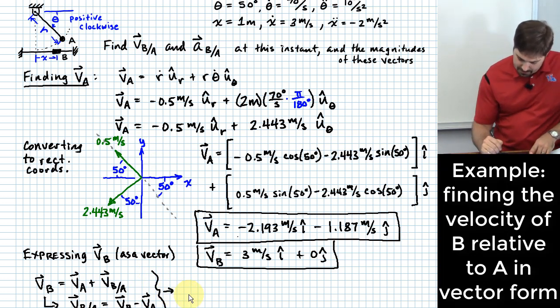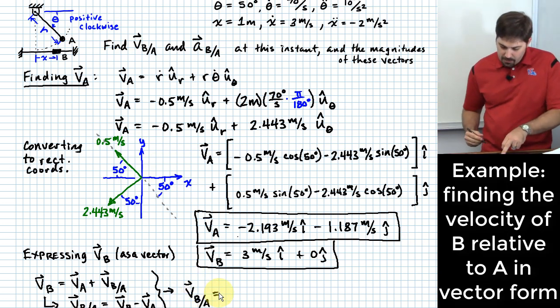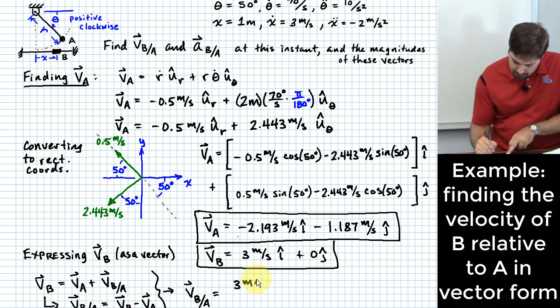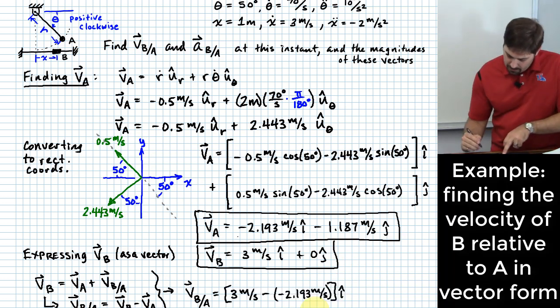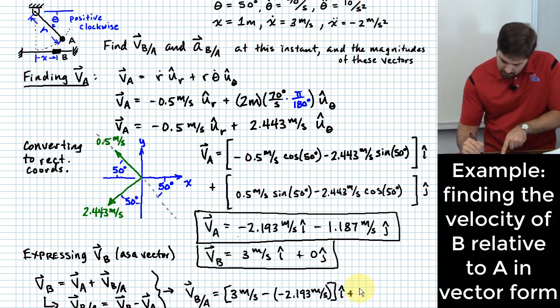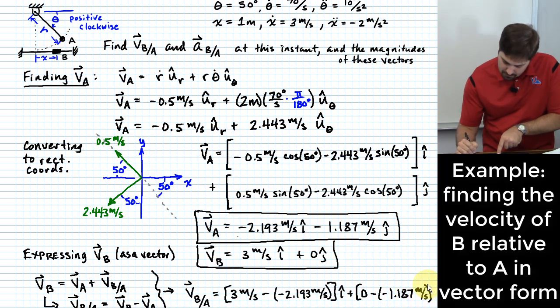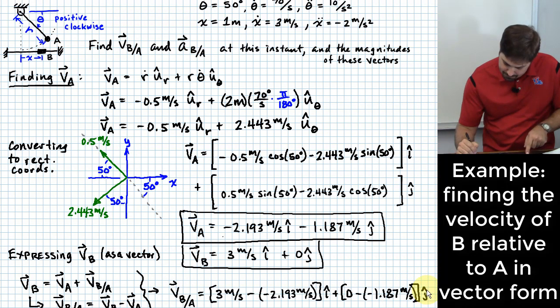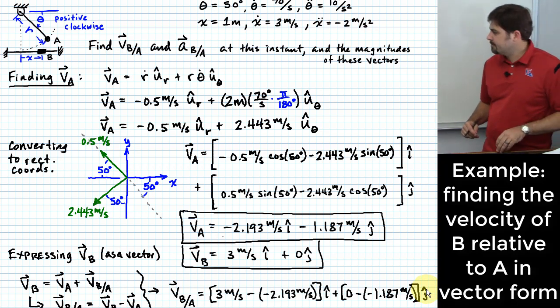So all of that turns into this. The velocity of B relative to A is going to be equal to 3 meters per second minus a minus 2.193 meters per second I, I guess I'll do all this in one line, plus, here we do 0 minus a minus 1.187 meters per second J. Does that make sense?